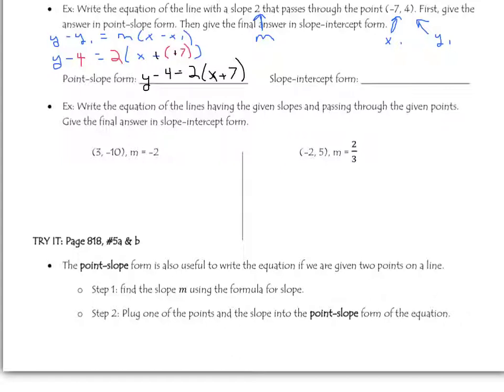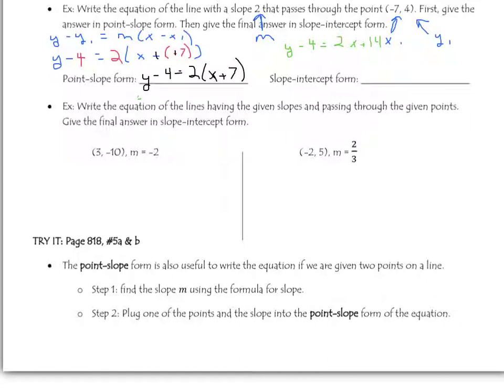To get the slope-intercept form, we're going to use green, and we are going to take our point-slope form of the equation, y minus 4 equals 2 times x plus 7, and solve for y. So first, we're going to simplify the right side by using the distributive property. y minus 4 equals 2x plus 14.